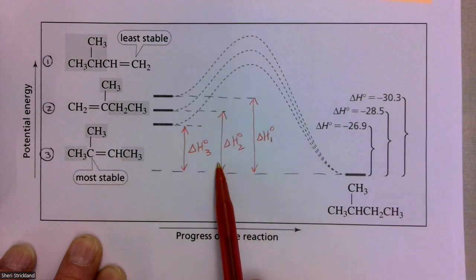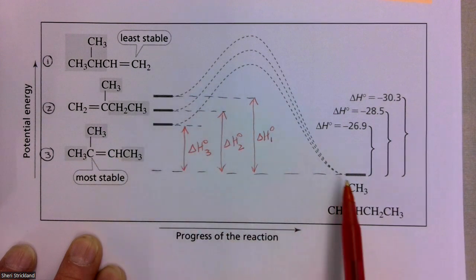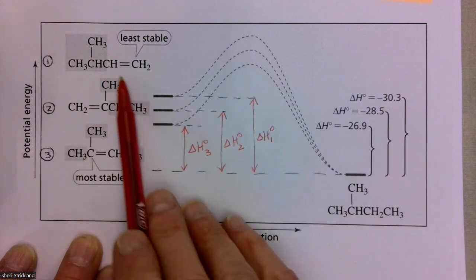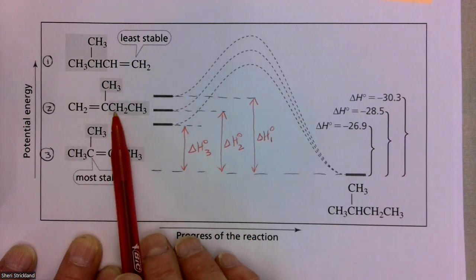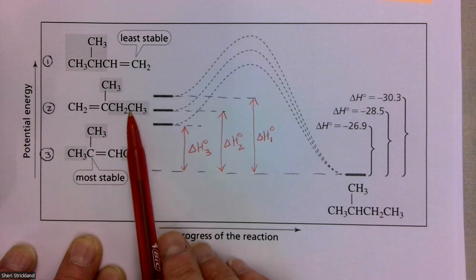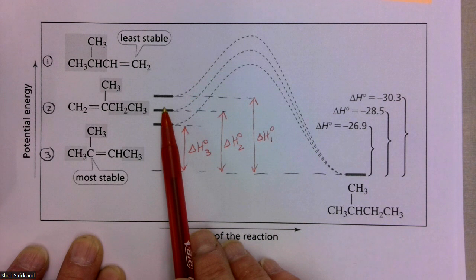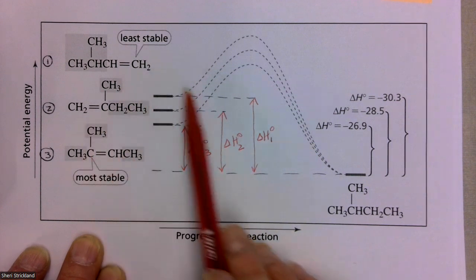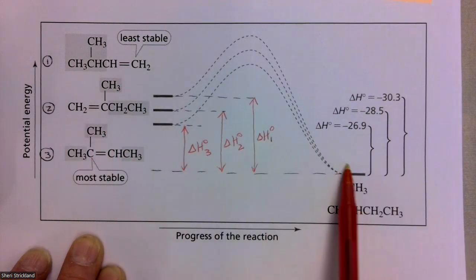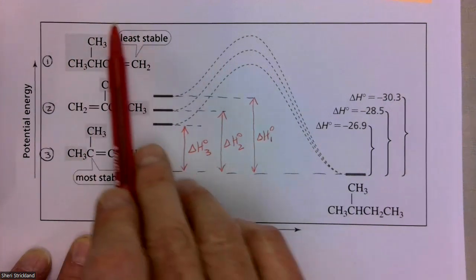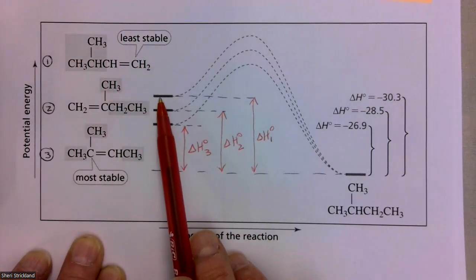So the next biggest gap is from here to here. That means that this guy, our disubstituted, is the next most stable. And then finally, the biggest gap tells me that our monosubstituted alkene was the least stable one.